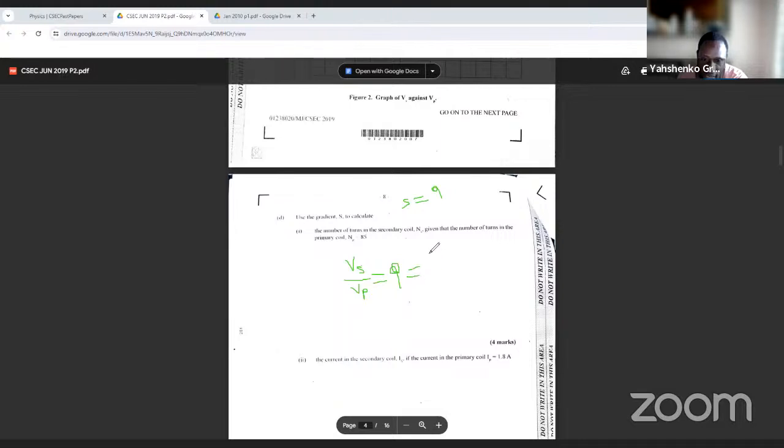So is NS over NP also equal to 9. So then all I need to just write is that the 9 ratio is equal to NS, which we don't know the value for, over NP, which is 85. And then to get NS by itself, we carry this up and multiply over there. So NS is going to be equal to 9 times 85.